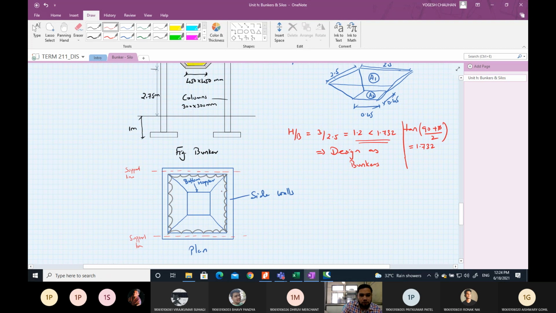These walls are actually 150 mm thick, that we will see later in the design part.